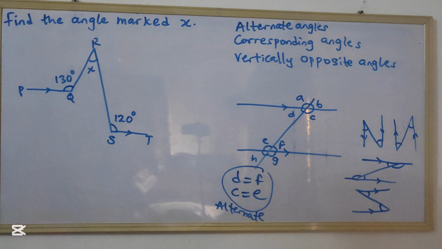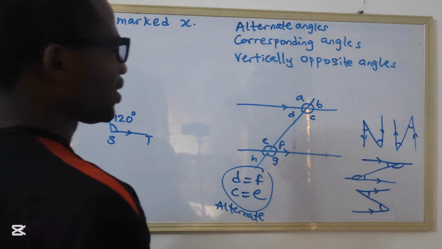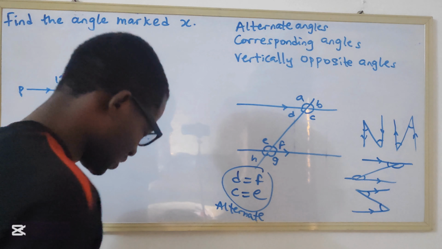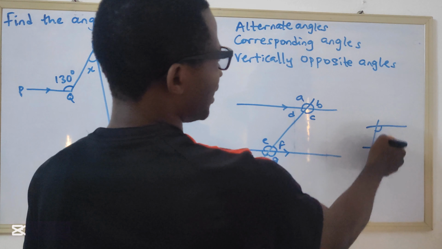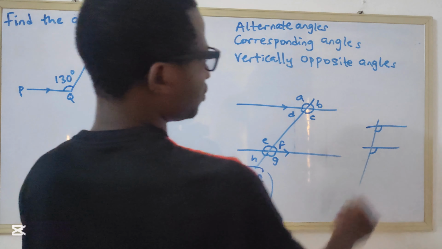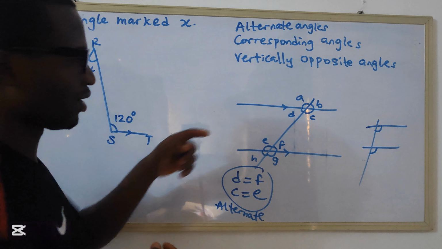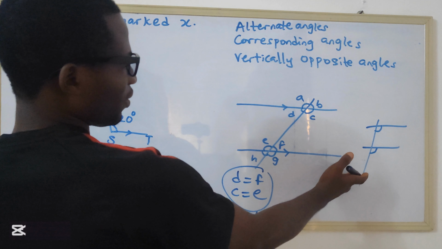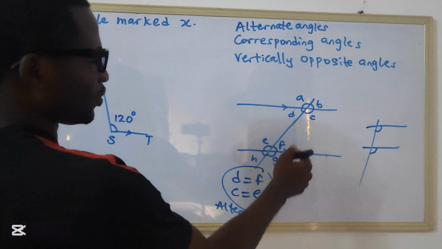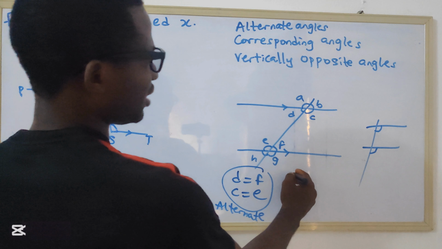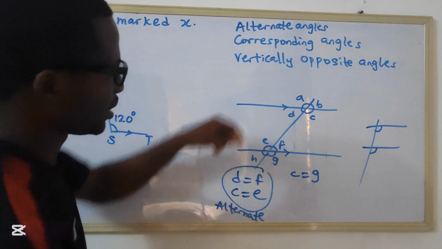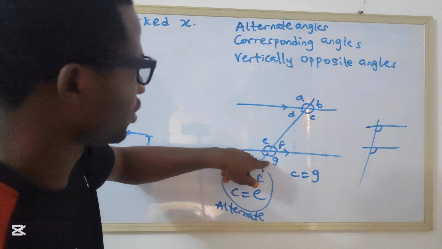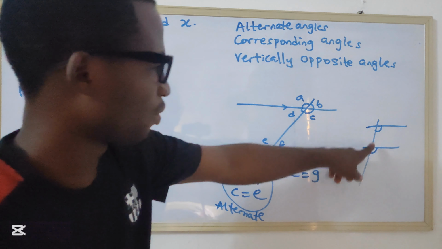Now to corresponding angles. Corresponding angles appear when you have shapes that look like F. So the angle here will also be equal to the angle here. In this particular diagram, you're able to picture this F. So you see that the angle C is equal to the angle G. This is C here, and this is G here. It looks like what I've just shown.